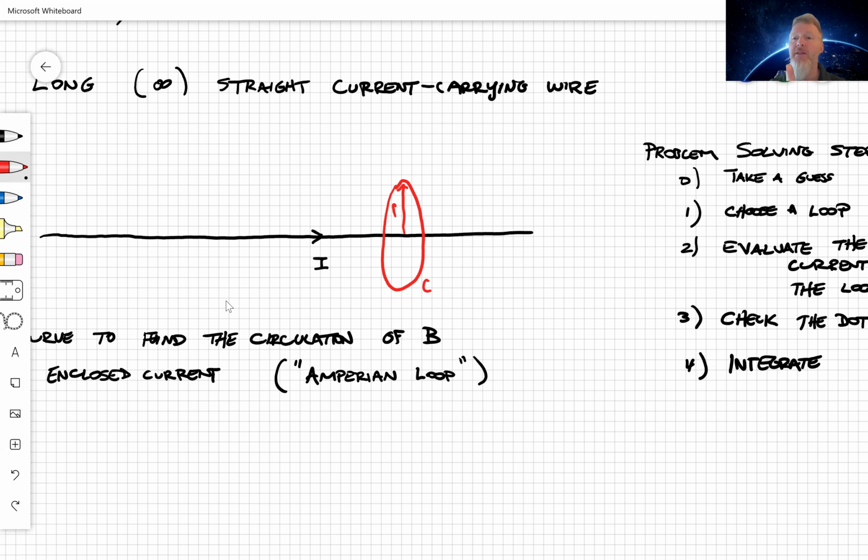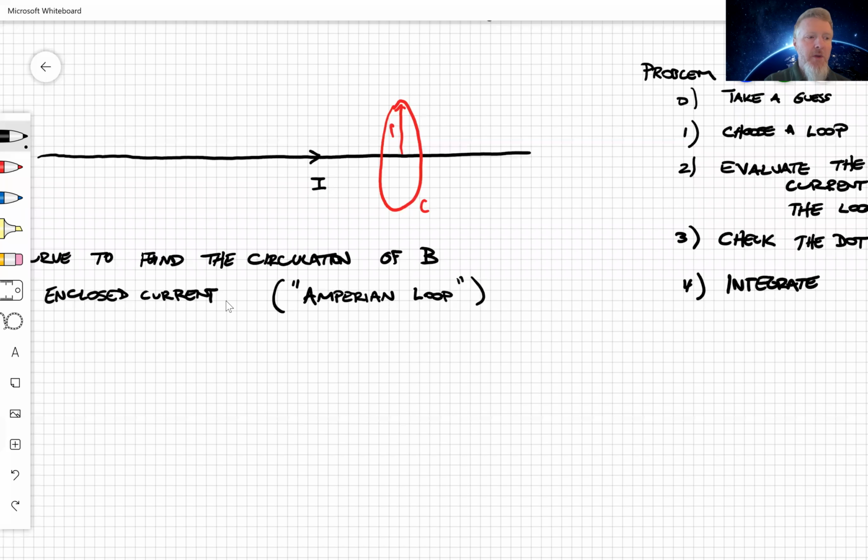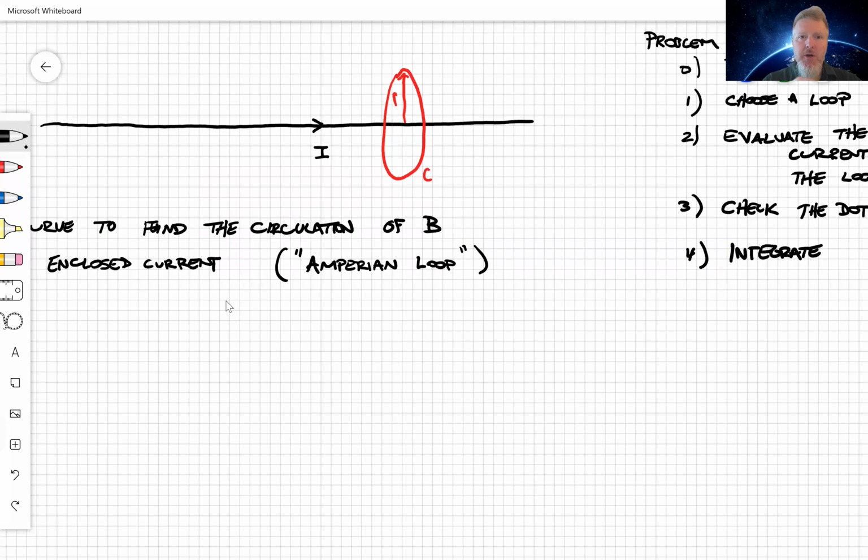Okay, so we're going to evaluate the B dot ds around that curve, but we expect the B field to be exactly tangent to that at all points. So this takes care of our B dot ds integration. If I were to draw, suppose I looked at it from this view here, looking down the wire.